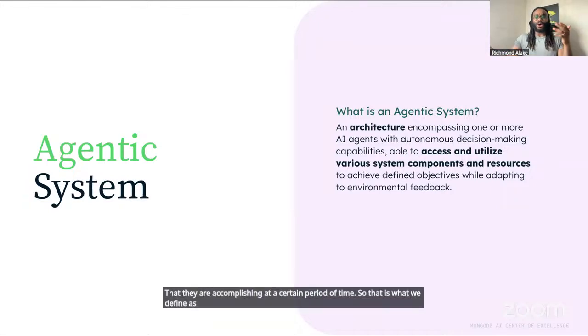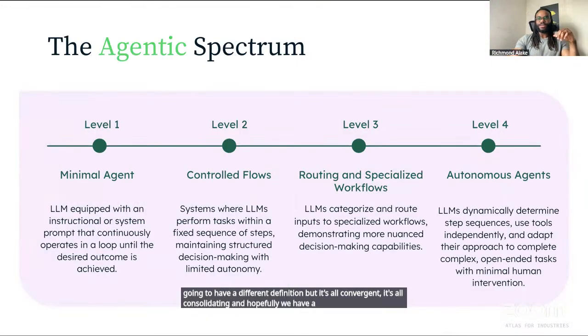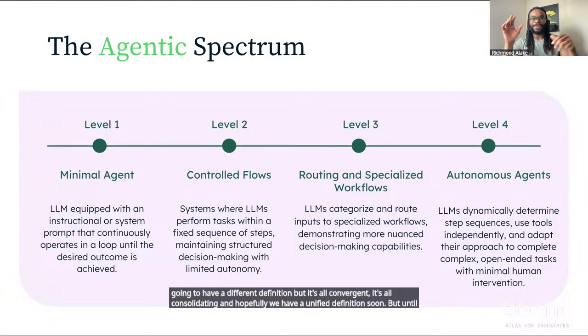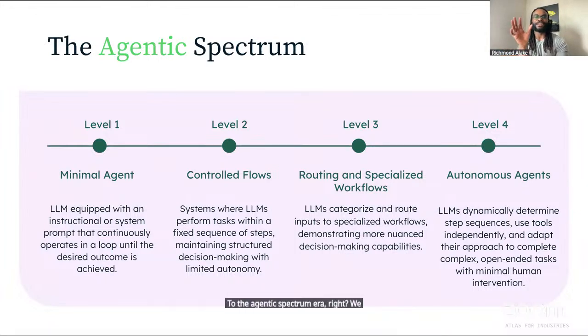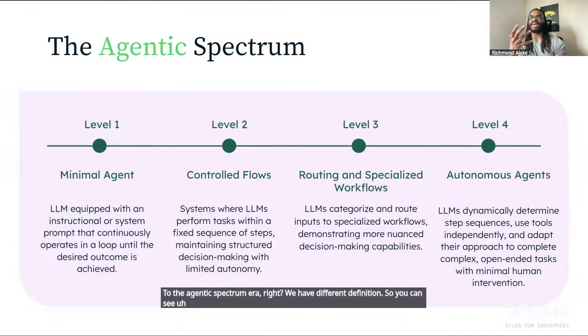And again, you go somewhere else, someone's going to have a different definition, but it's all converging, consolidating, and hopefully we have a unified definition soon. But until then, welcome to the agentic spectrum era, right? We have different definitions, so you can see whether something is agentic as a spectrum.